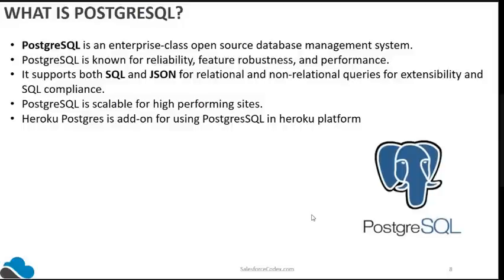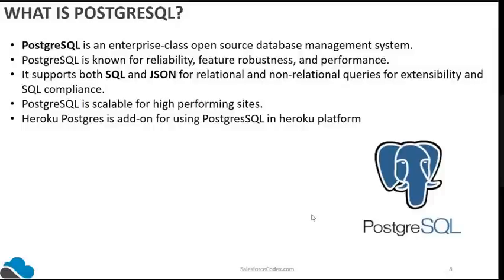PostgreSQL is scalable for high-performing sites. I gave you the example of Amazon and Flipkart. I don't know how many users per second are searching for products on these two sites, and these sites are never down. I have not seen it happen. So how are these sites performing so well? This is due to this kind of database, where they can easily search and query our data.